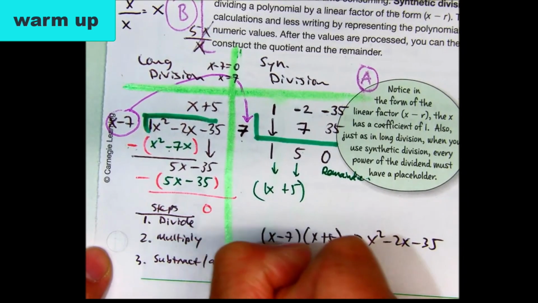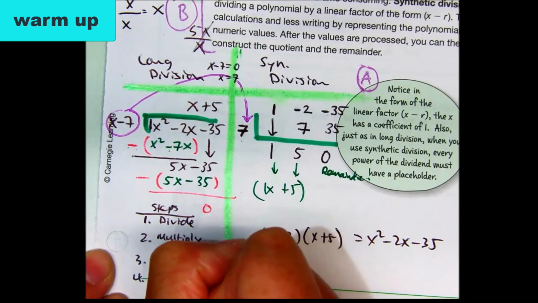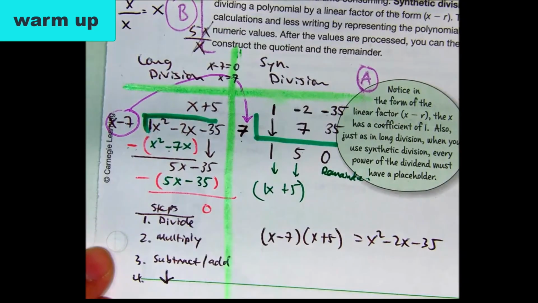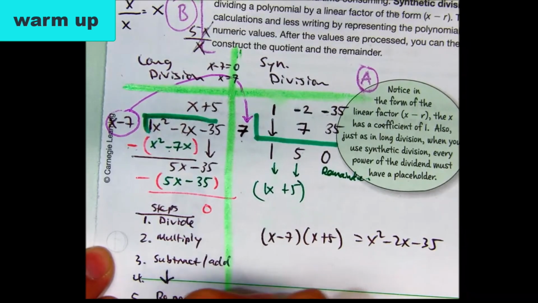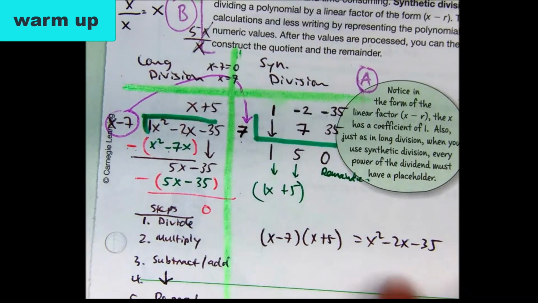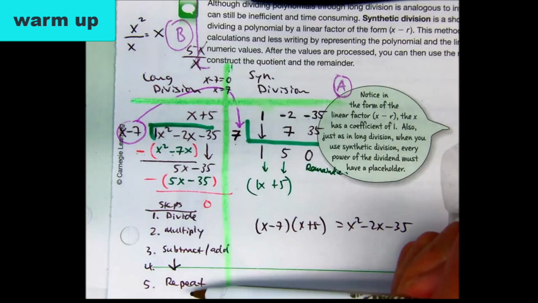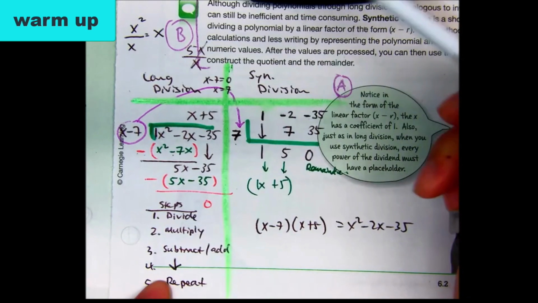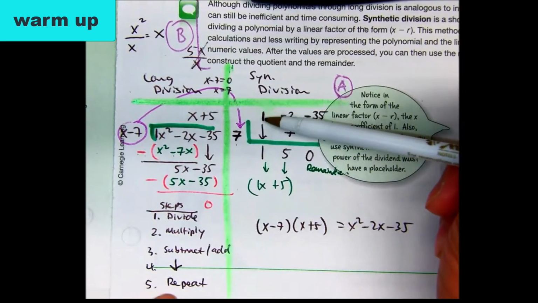Just adding a negative number. Bring down, Alonzo says. And you repeat. Okay, watch this. You repeat this number.